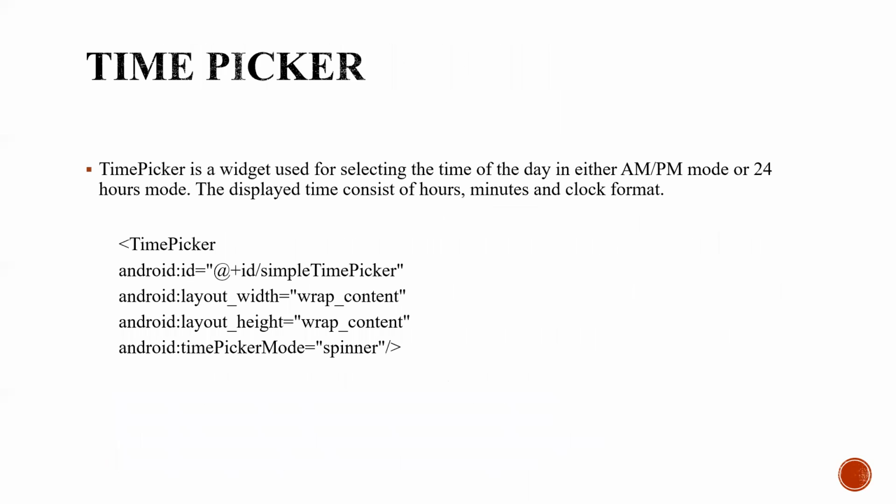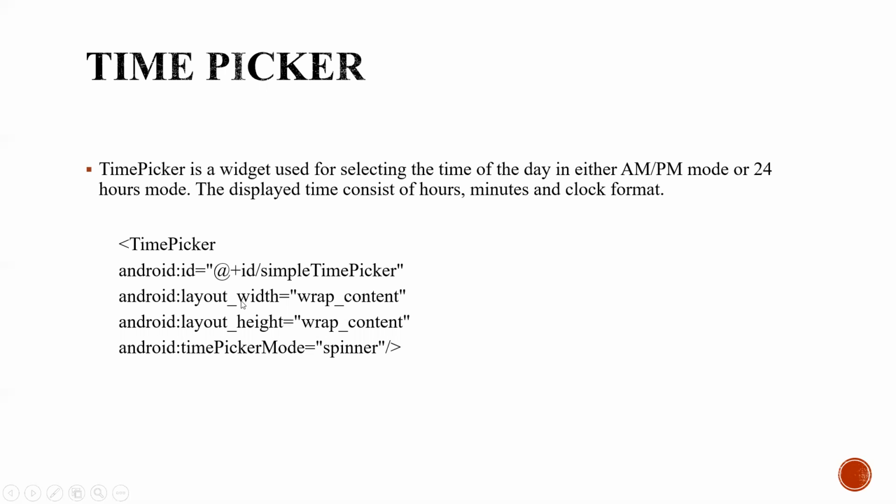What is TimePicker? TimePicker is a widget used for selecting the time of day in either AM/PM mode or 24-hour mode. The displayed time consists of hours, minutes, and clock format. The following is the tag of a TimePicker.